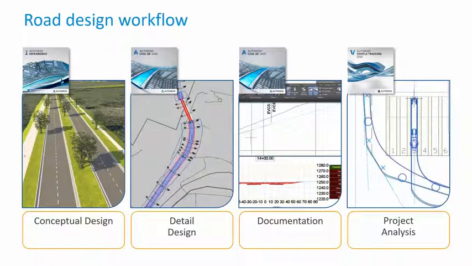If maybe he needs to create some visualization, we have a connection to 3ds Max using what we call Civil View, directly to connect it and to visualize what he did, etc., etc. So again, a wide variety of things, how a road designer can work in different stages in different products, and obviously these products are designed the best way for these stages, for conceptual design, for detailed design, etc.